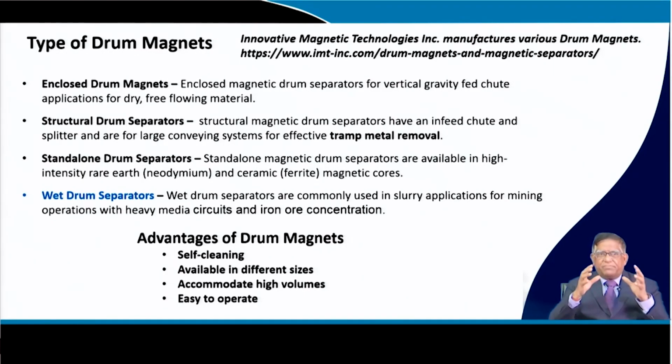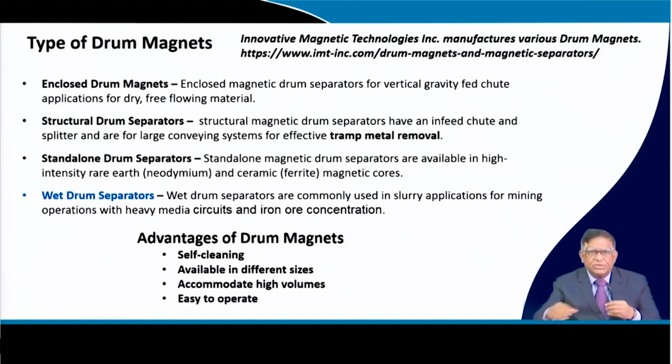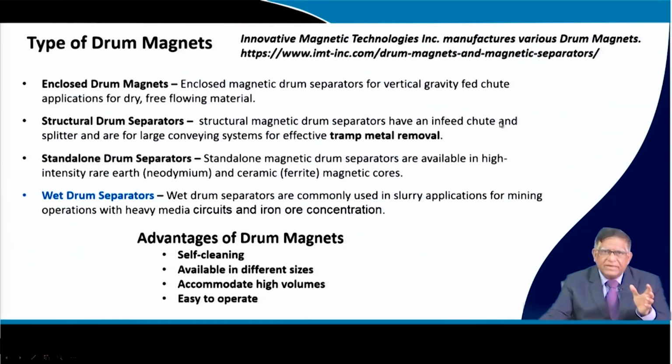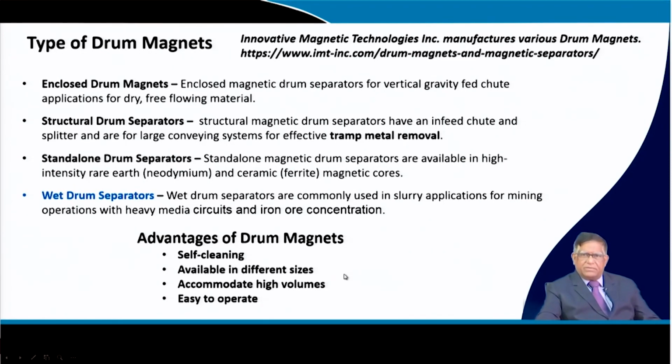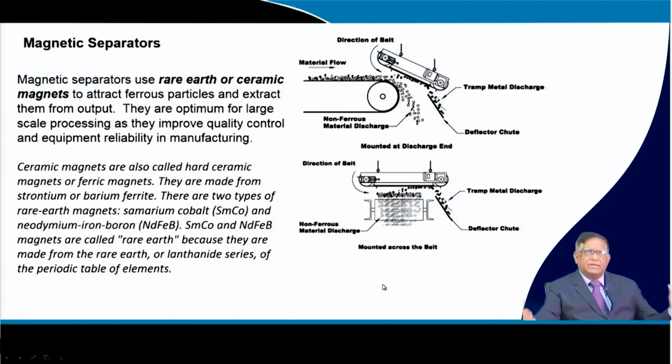These separators are used in iron ore beneficiation, in our country also. Then the advantages of drum magnets: they are self cleaning, available in different sizes, accommodate very high volume and are easy to operate, and that is the electromagnetic part over there.